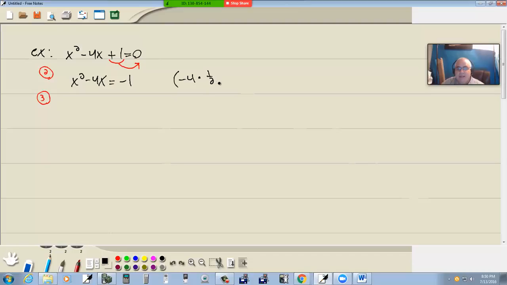You multiply it times 1/2 and you square it. It's always times 1/2 and it's always squared. -4 times 1/2 is -2, and negative 2 squared gives us a positive 4. And then our step says to add that to both sides. So I've got x squared minus 4x plus 4 is equal to negative 1 plus 4. So we've got x squared minus 4x plus 4 is equal to 3.